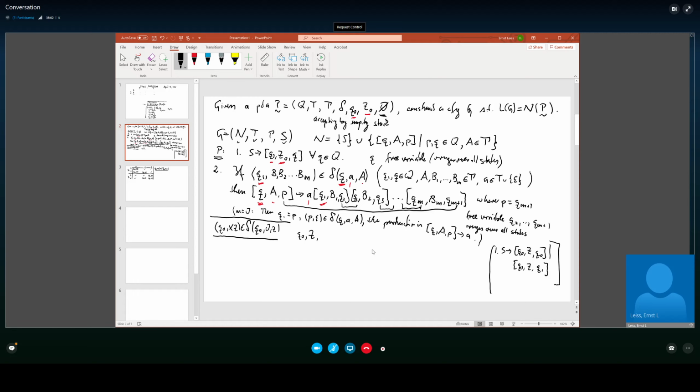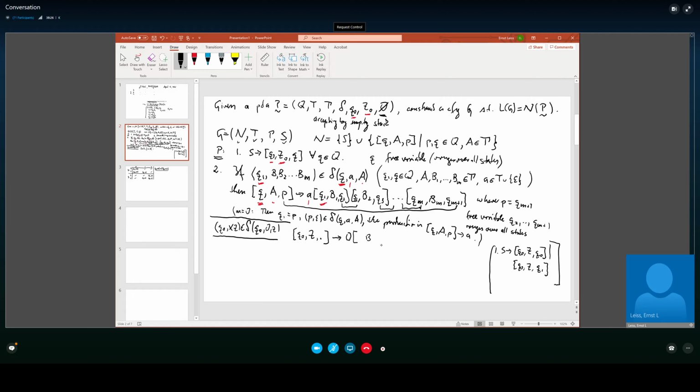Okay, and so now that P is free. And so we generate here, according to that little a, well, that little a is 0. Okay, and then we have B1 and B2.